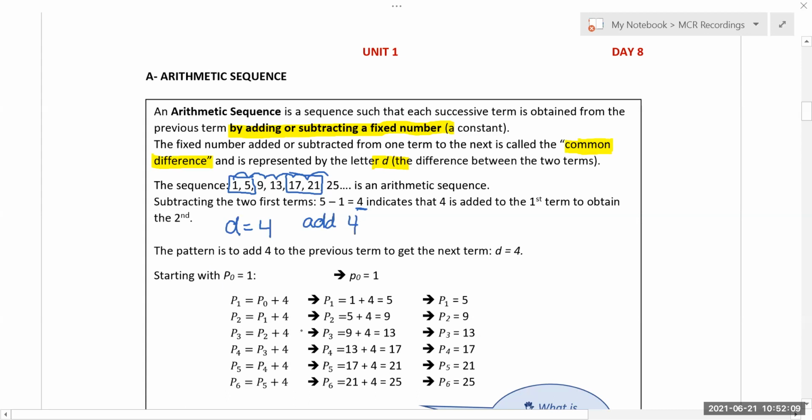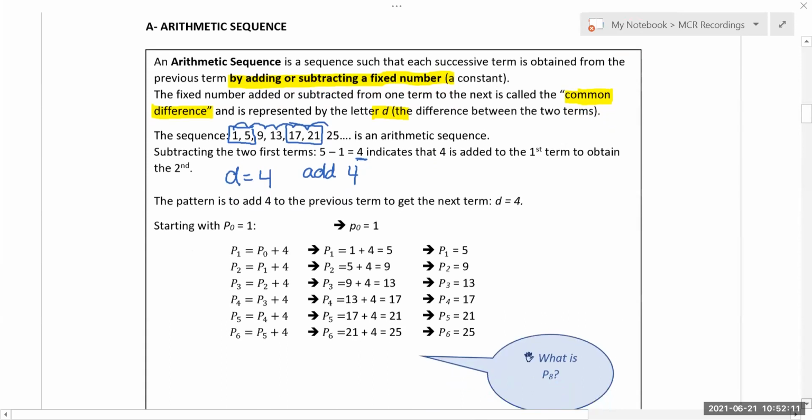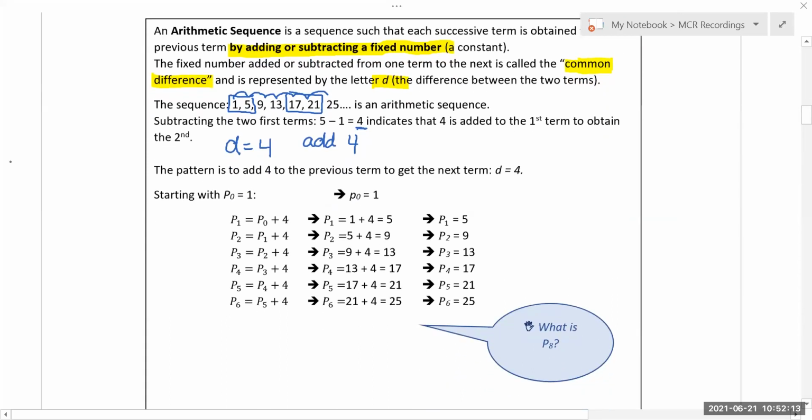To really break this down, so we can see the whole thing. If we start with the initial value as 1, then P1 is that initial value plus 4, which gives me 5. So P1 is 5. P3 is whatever P2 was plus 4. In this case, P2 was 9, so you add the 4 and you get 13. So P3 is 13.